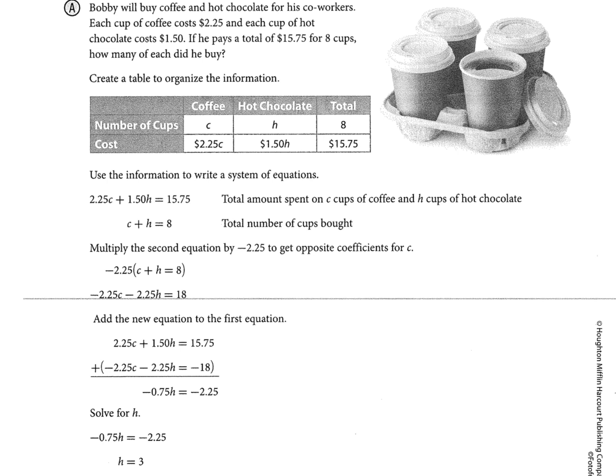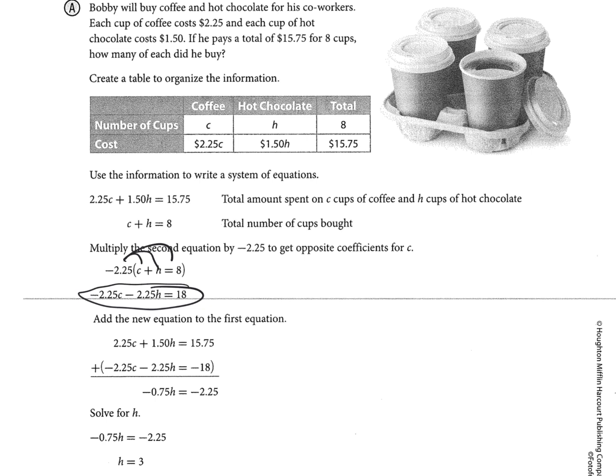So in this case, when they had a positive 2.25, they're going to try and turn this C value to be the opposite. And the opposite of 2.25C is negative 2.25C. So they're multiplying that whole equation by negative 2.25. And so then they're going to distribute to all parts of the equation. And it results in this equation.